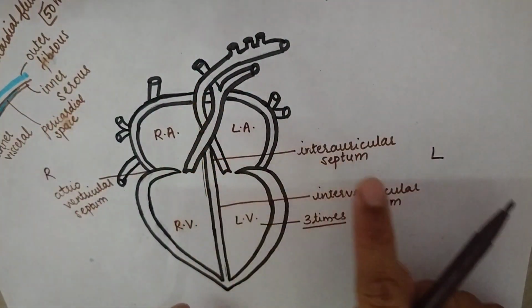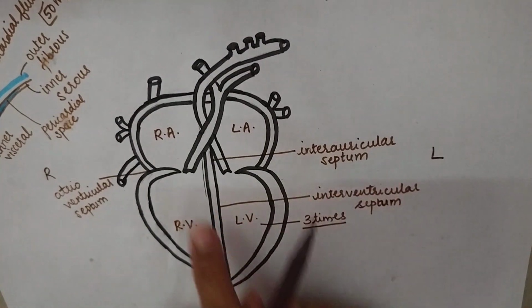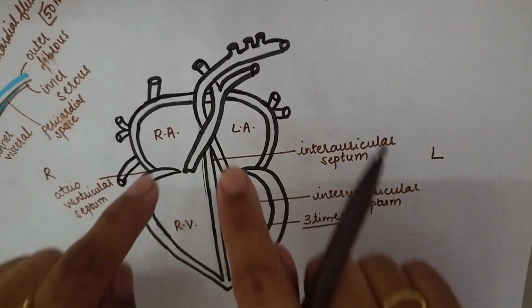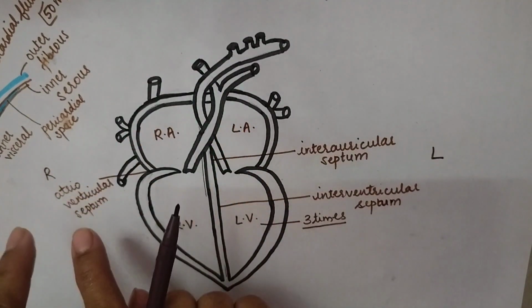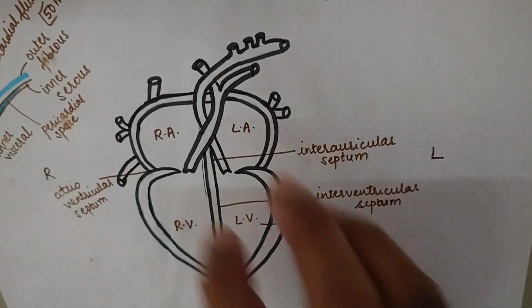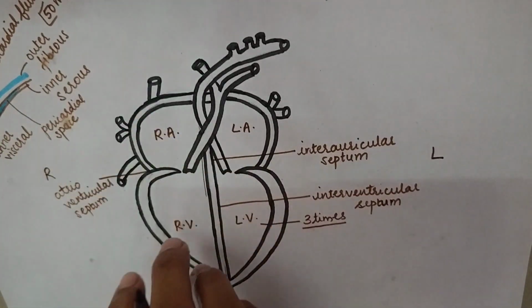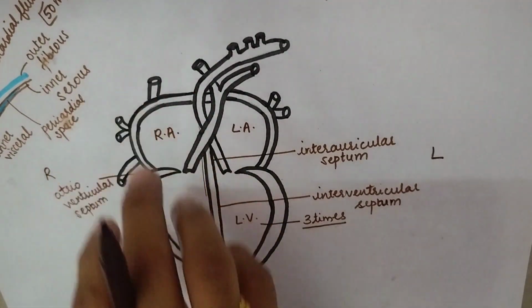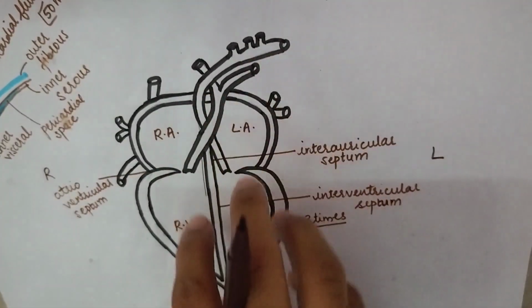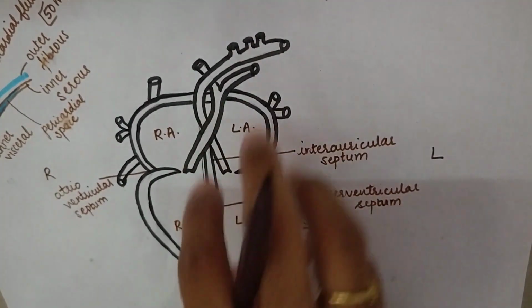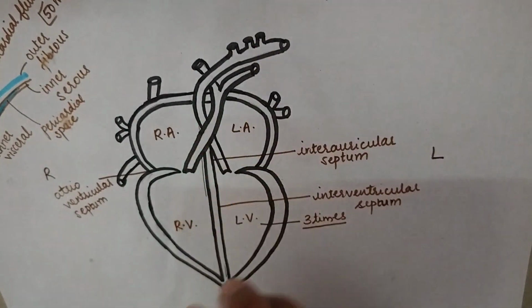Septum between the atria, interauricular septum, septum between the ventricles, interventricular septum, and the septum between the atria and ventricles is the atrioventricular septum. Okay, now the right atria and the right ventricle, they will always have deoxygenated blood, and the left part of the heart, the left atria and the left ventricle, they will always have oxygenated blood.